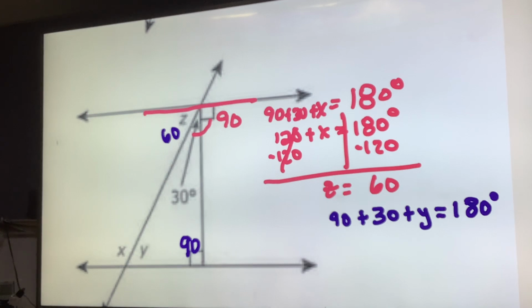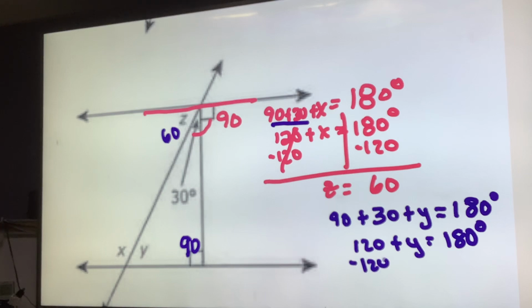So if I'm looking at this, oh look, it looks just like this. So automatically I know it's 120 plus y equals 180. Subtract 120 from both sides, and I get y as 60.